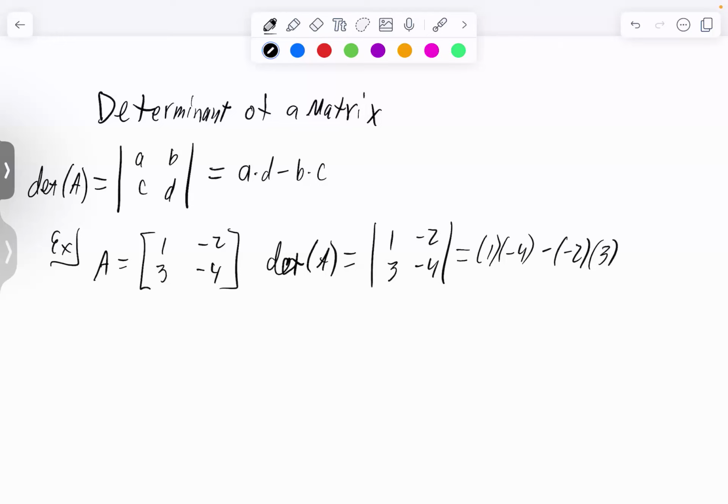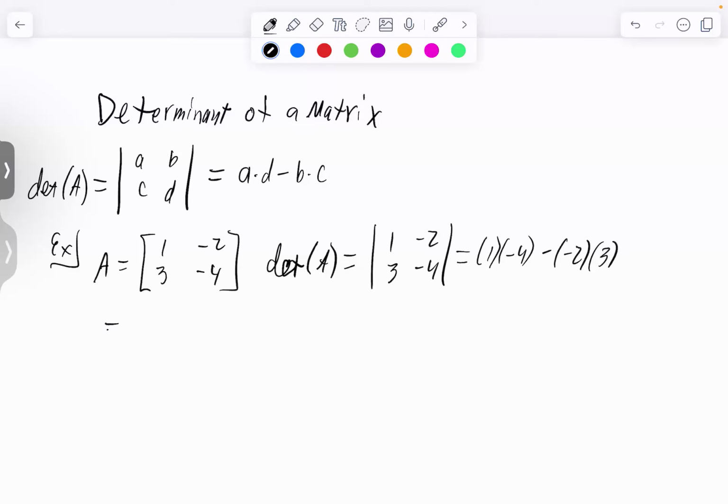Now be careful of the double negatives here. Obviously, that's going to become an issue. So that's -4 plus 6. So in this case, the determinant is 2. This is for a 2-dimensional one.